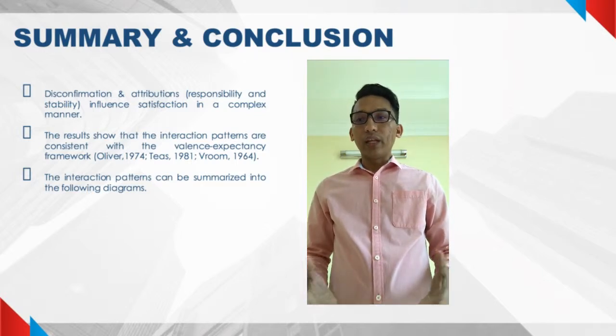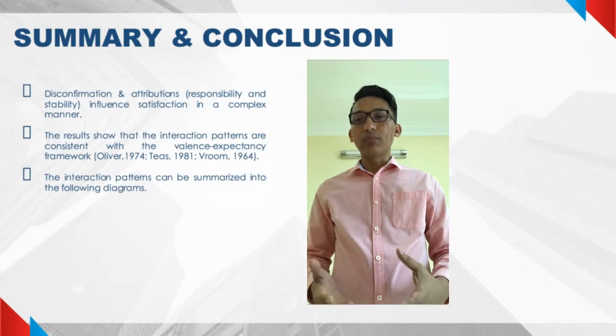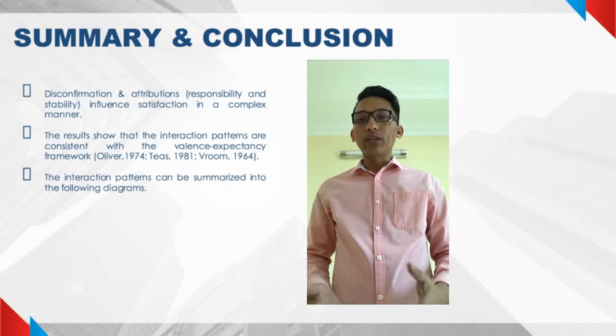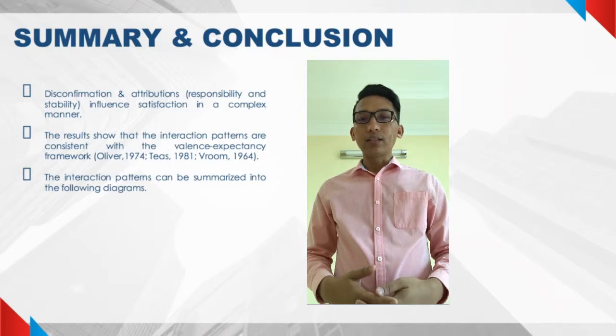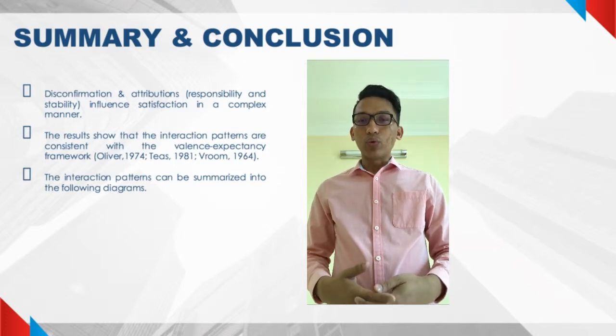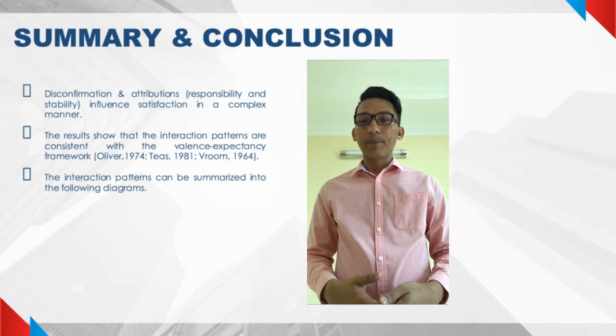All this proves that the interaction pattern that occurs between disconfirmation and attribution is consistent with the valence expectancy framework, as stated by Oliver 1974, Tse 1981, and Vroom 1964.